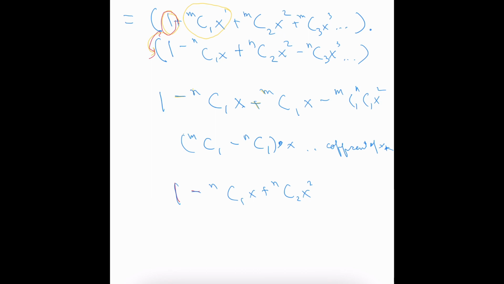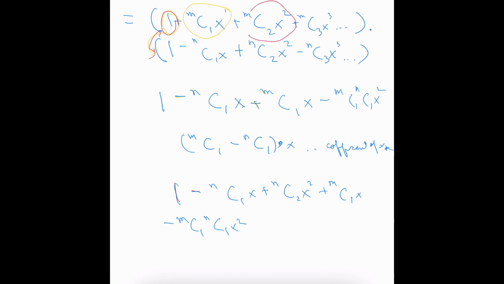We'll neglect the cube terms. Then we get mC1 x minus mC1 nC1 x square, and if we multiply further, we will get cube terms which we can neglect.